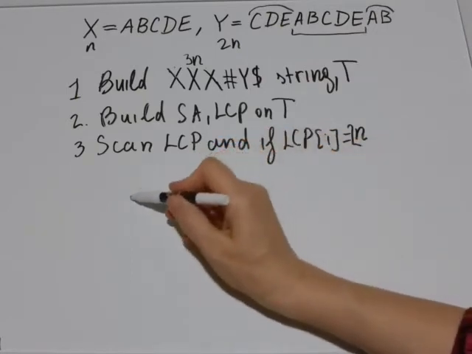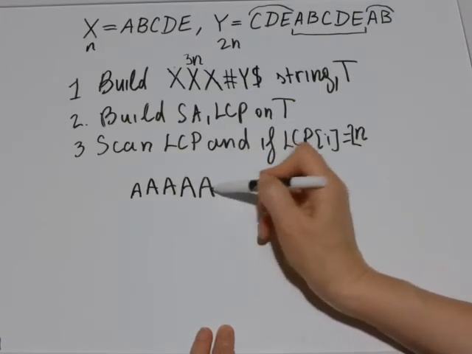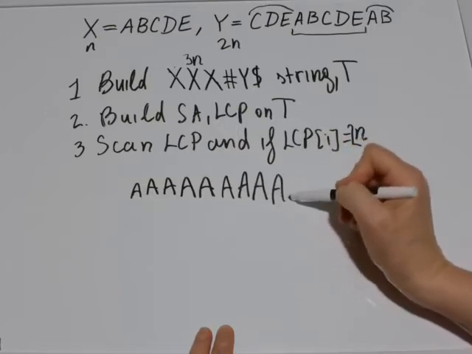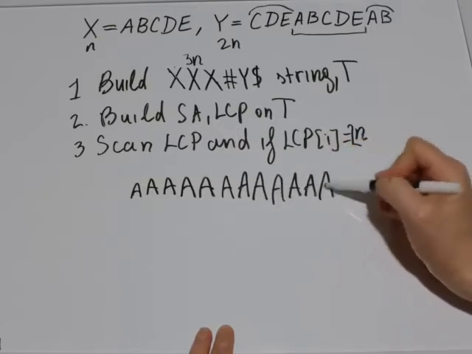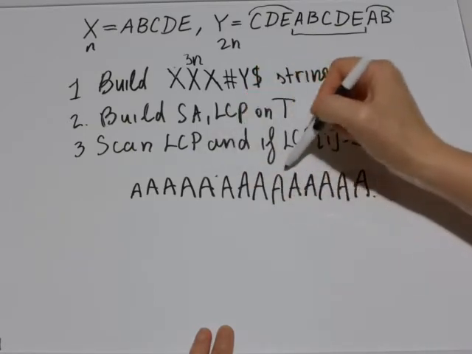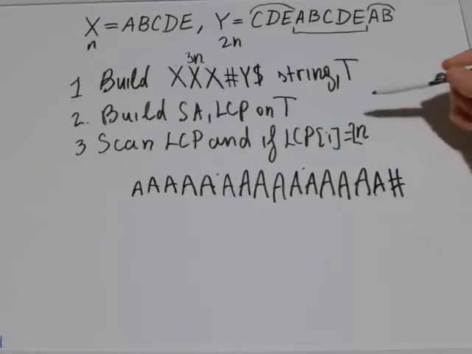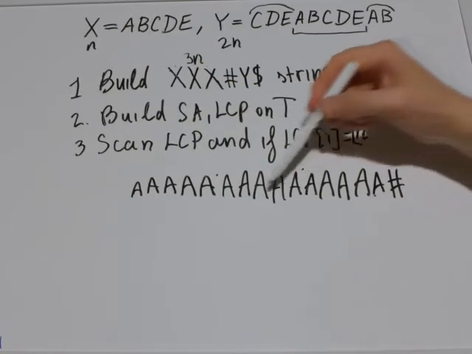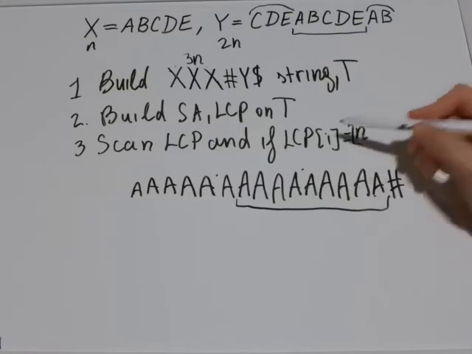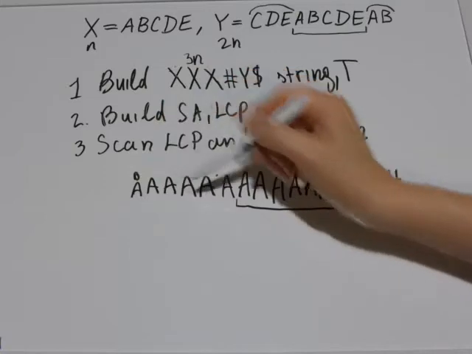For example, if you have x, then another x, and a third x, and pound, then you will have 2n suffixes, because the suffix starting at this position has length 2n, and it matches with the suffix that starts at position 0.